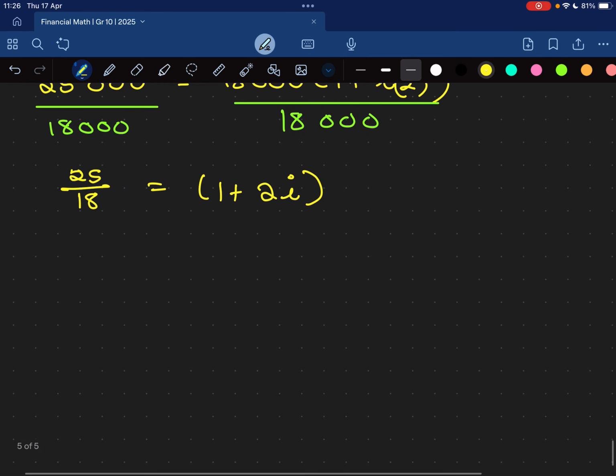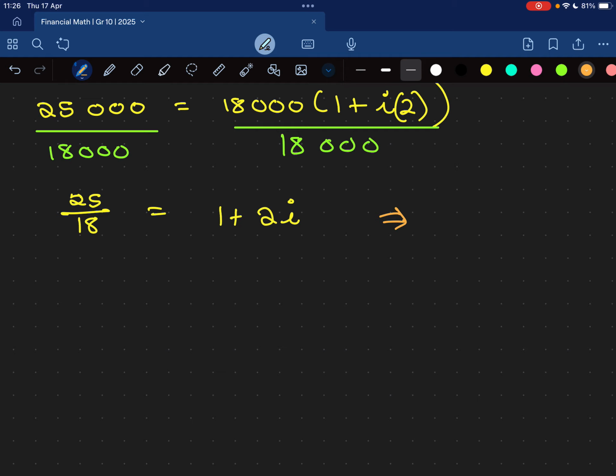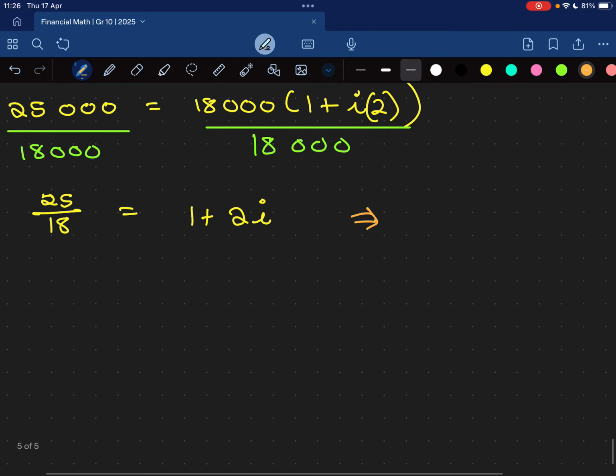Please, now, when you look at this, obviously the brackets will disappear. Please do not be silly now, okay, and forget your rules of algebra and say, oh, well, 1 plus 2i is 3i. That's very bad.